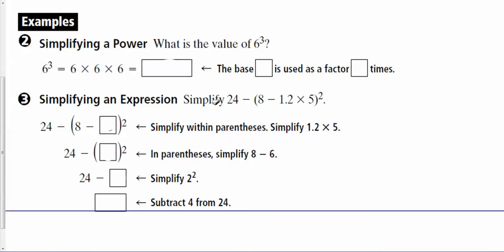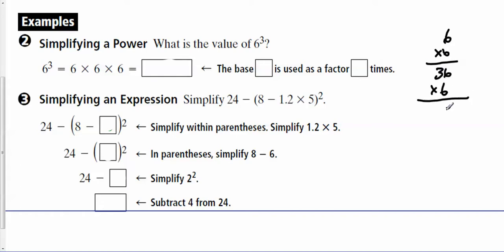So now let's find some answers here. What is 6 to the third power equal? What is its value? Solve the expression. Okay, so this is 6 times 6 times 6. Okay, so 6 times 6 is 36 times another 6.